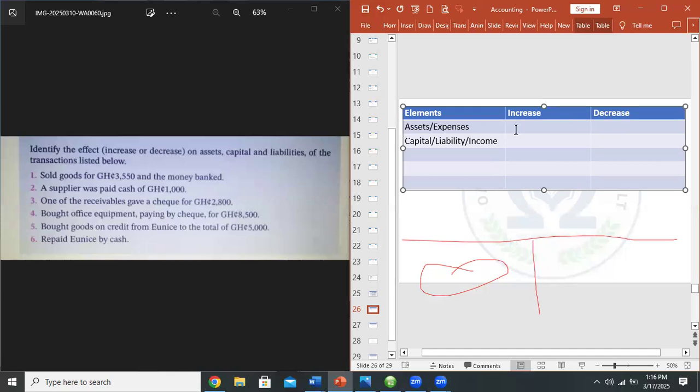When they decrease, we make a credit entry. On the flip side, when capital, liability, or income increase, we credit. And when they decrease, we debit.